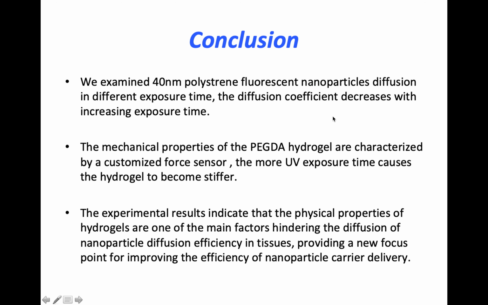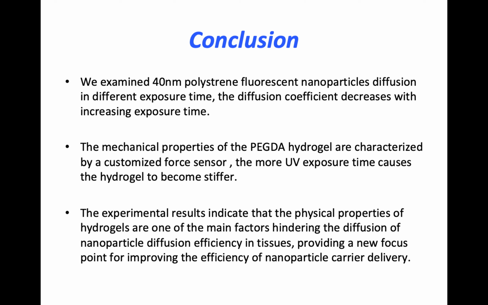so in my research, we examined 40 nanometers polystyrene fluorescent nanoparticle diffusion in different exposure time. So the diffusion coefficient decreases with the increasing exposure time. So that's the first result we get from the data.